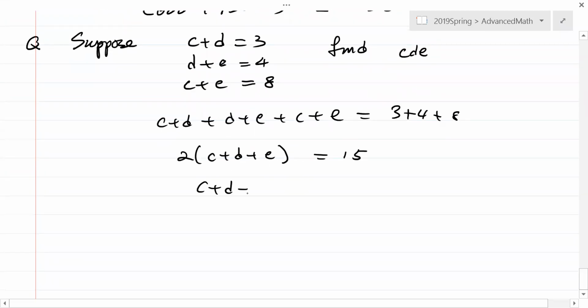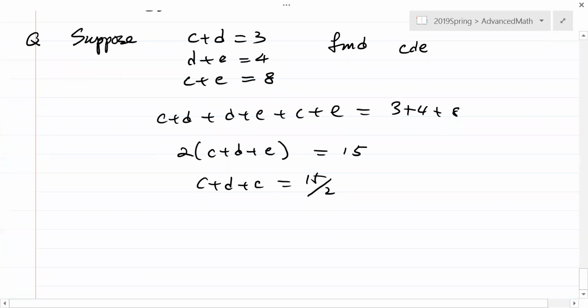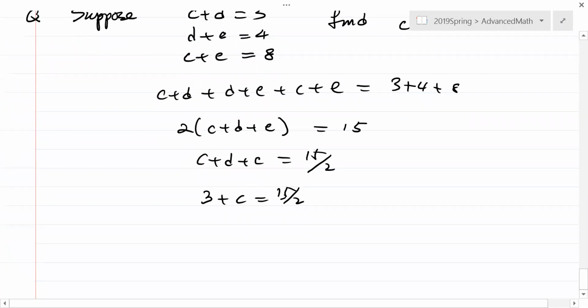You only find the sum, but that's okay, because once you find the sum, you can find the individual values quickly. Because you already know C plus D is 3, 3 plus E equals 15 over 2, right? So from here, C is going to be 15 over 2 minus 3, and then 3 over 2.